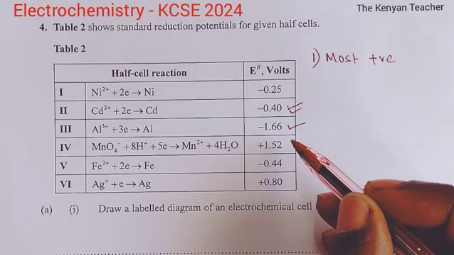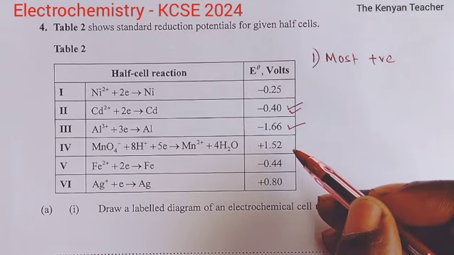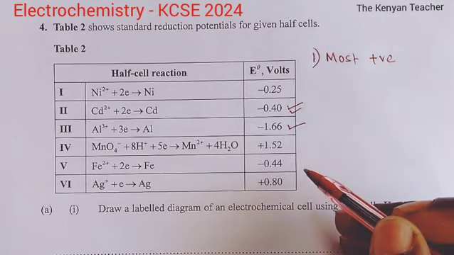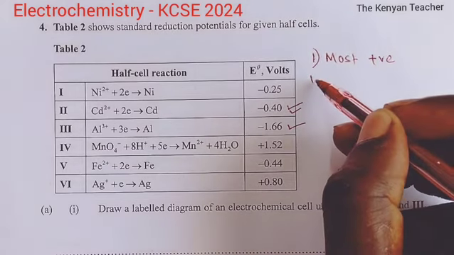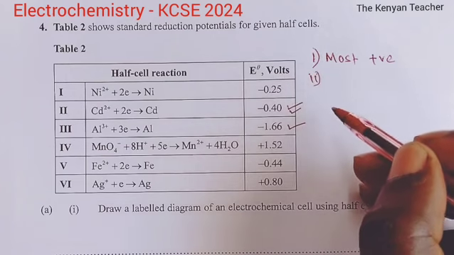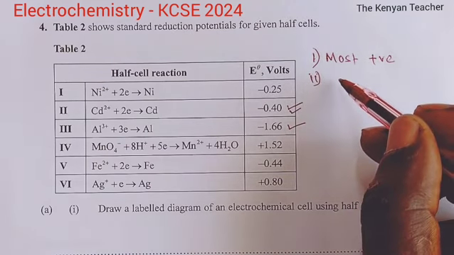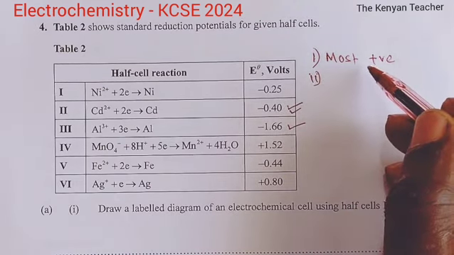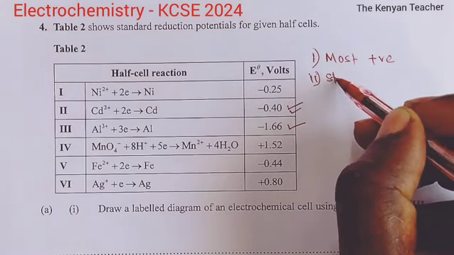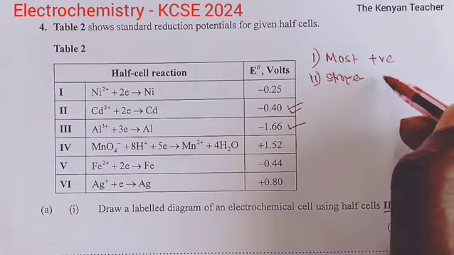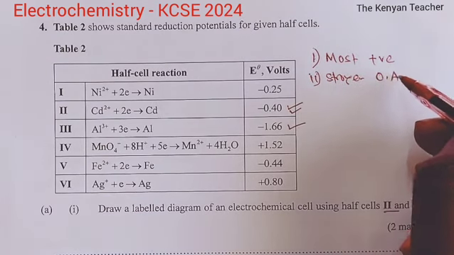This depends on your understanding of a number line as discussed in mathematics at Form 1. Now, second memory item is that the half cell with the most positive E0 value is the stronger oxidizing agent.